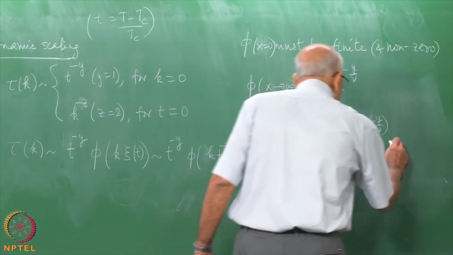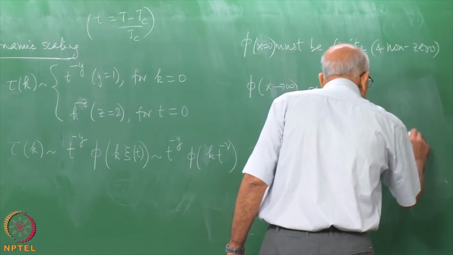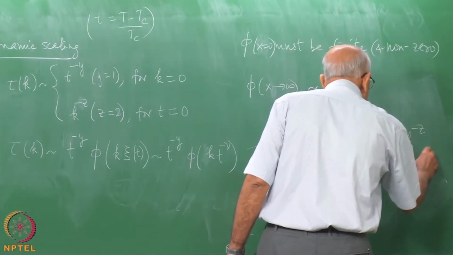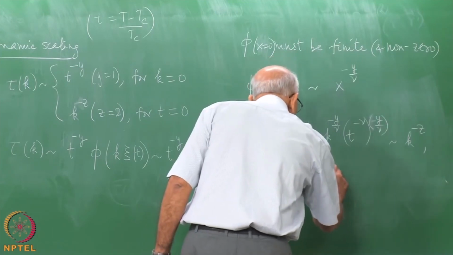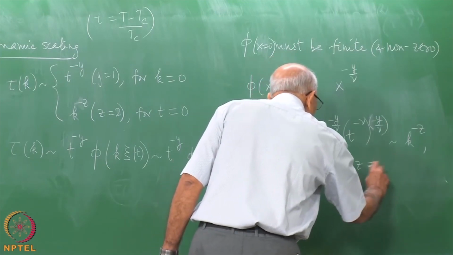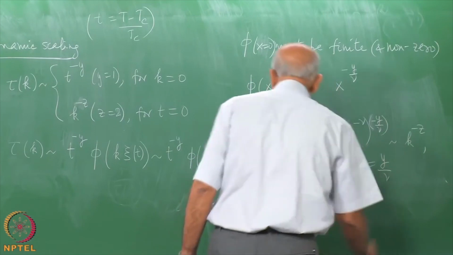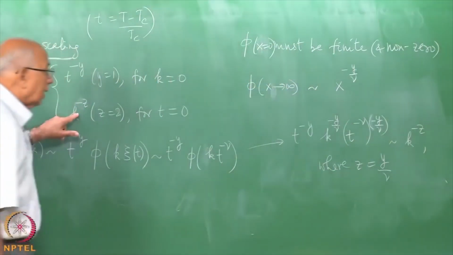So this goes like k to the power minus z, where z equal to y over nu, because remember we wanted k to the minus z.